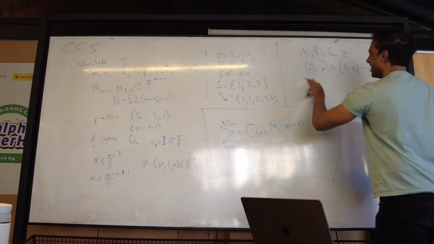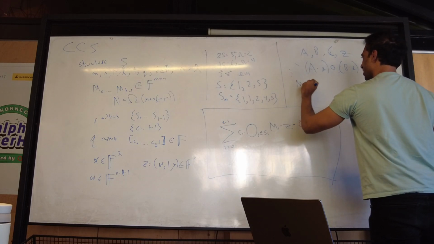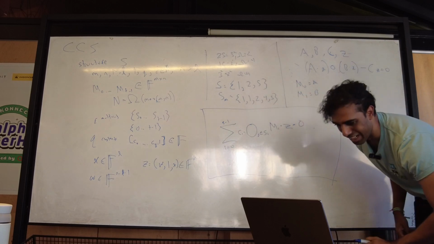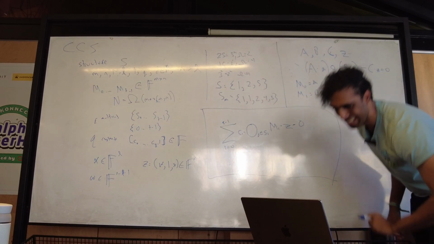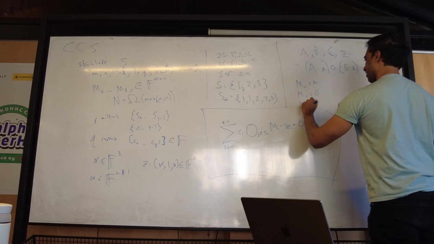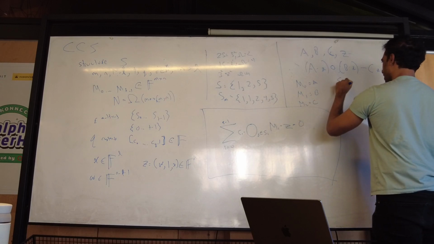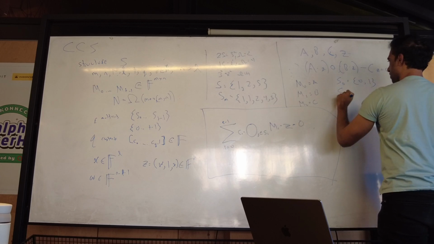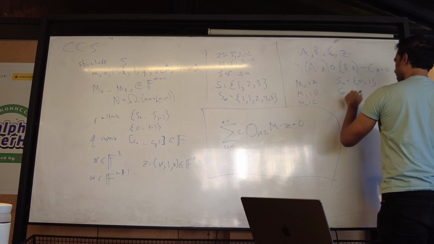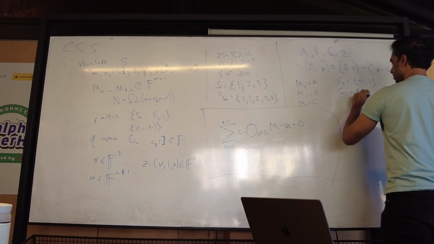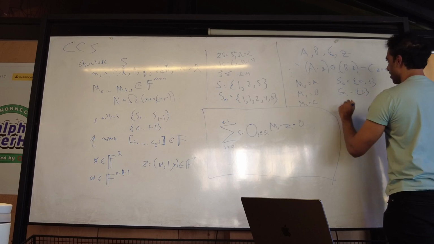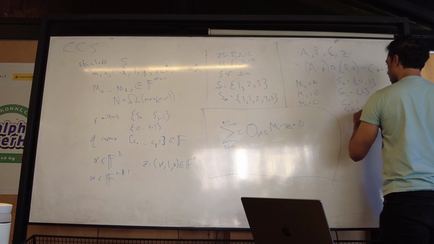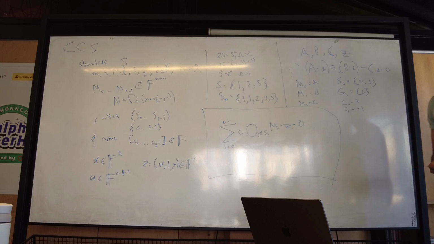Let's define M0 equal to A, M1 equal to B, M2 equal to C. Then you define your two multisets, S0 equals {0, 1} and S1 equals {2}. And then you define your constants, C0 equals 1, C1 equals -1, and it just follows.